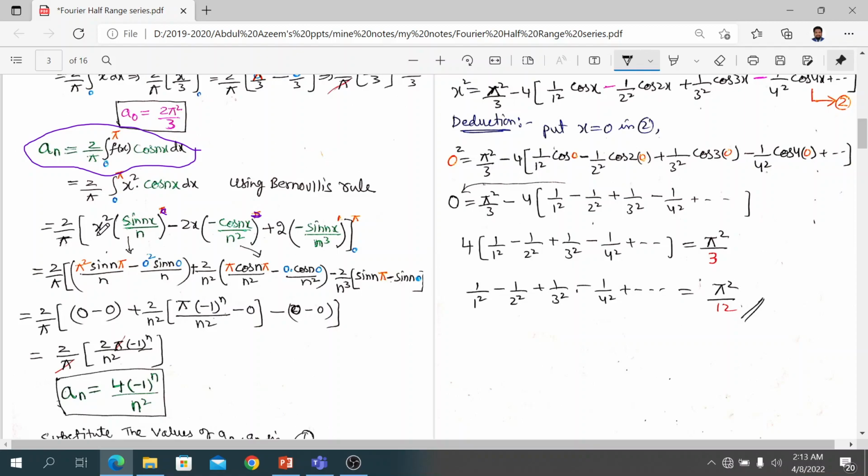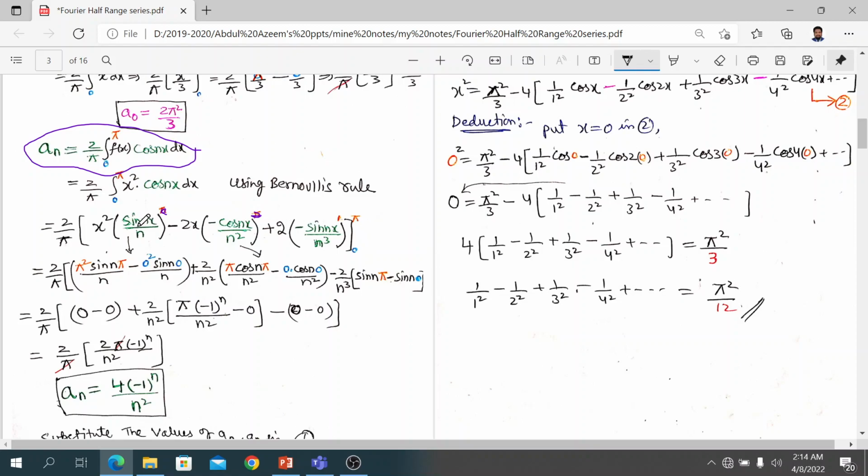So x square as it is, minus derivative of x square 2x, derivative of 2x is 2, here plus 2. Now integration of cos nx is sine nx by n, integration gives minus cos nx by n square, and this integration gives minus sine nx by n power of 3, between 0 to pi.